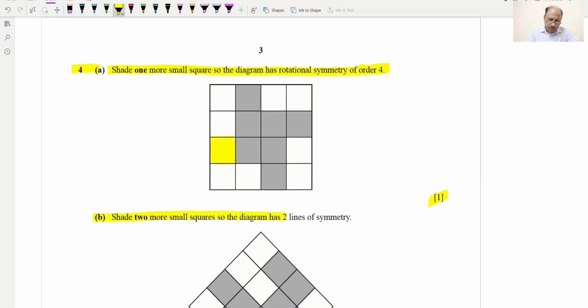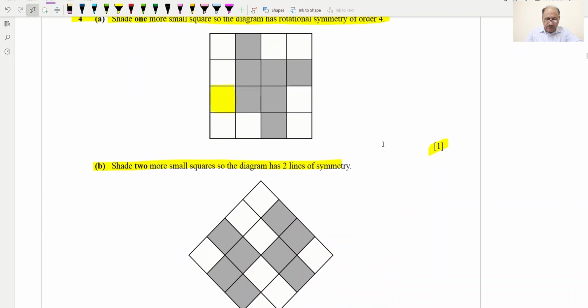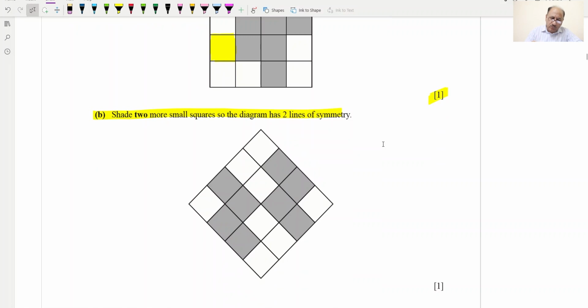B part, shade 2 more small squares. The diagram has 2 lines of symmetry, so 2 more boxes. If we draw, for example, this line of symmetry and compare both sides, we need to shade this box.